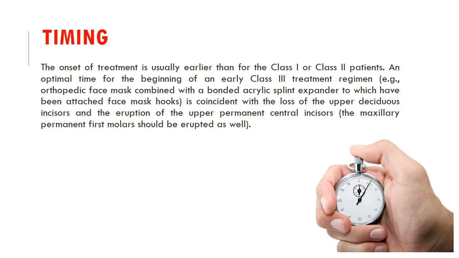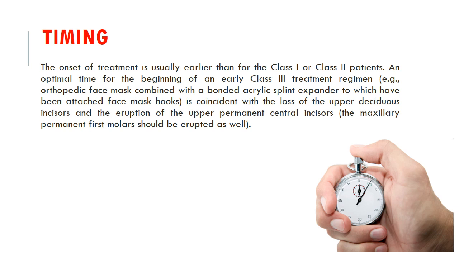The timing of treatment is usually earlier than that for a class 1 or class 2 patient. The optimal time, or the best time, for the beginning of an early class 3 treatment regime in patients who have a small maxilla, where we want to expand the maxilla and protrude it by using the orthopedic face mask with a bonded acrylic expander, is usually coincident with the loss of the upper deciduous incisors and the eruption of the upper permanent central incisors and the maxillary molars, because it will aid in the retention of the appliance.